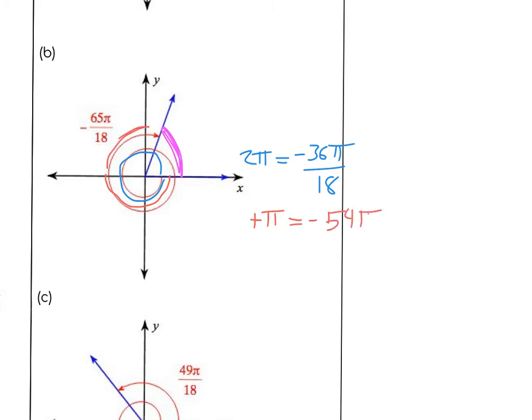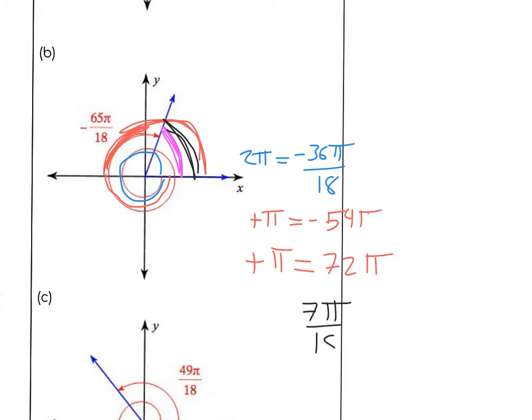Adding an extra quarter beyond that. Actually, you know what? Let's just go to this whole half thing again. So adding another pi would take us to negative 72 pi. To get from 72 to 65 is going to be 7 pi over 18.